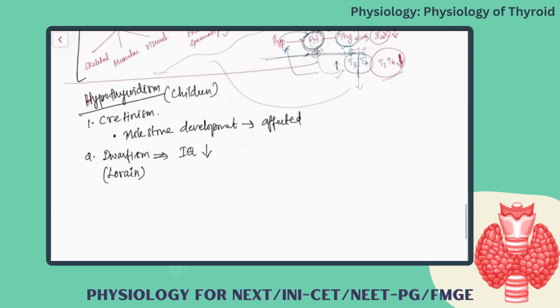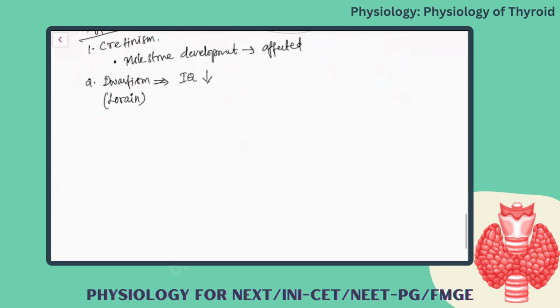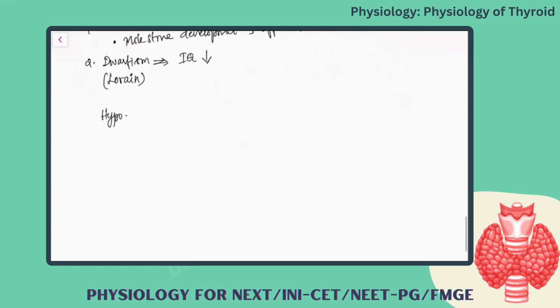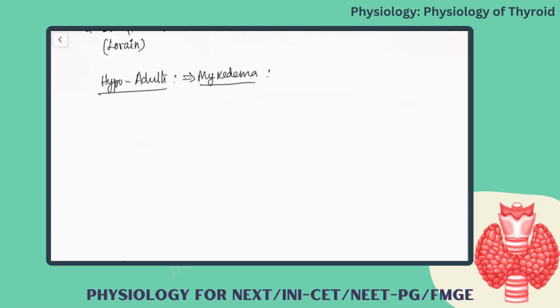Okay, if you observe hypothyroidism in adults, you call it myxedema. Okay, clear? And then moving on to hyperthyroidism.